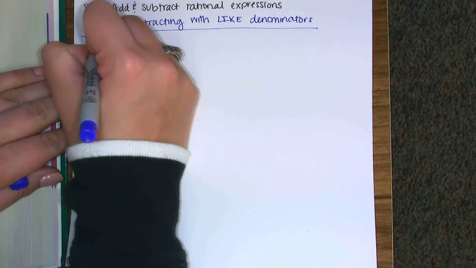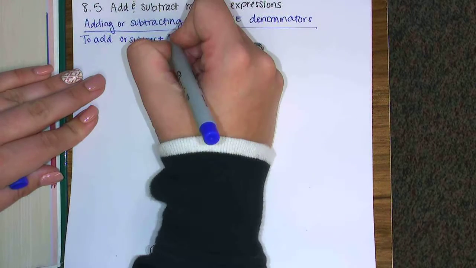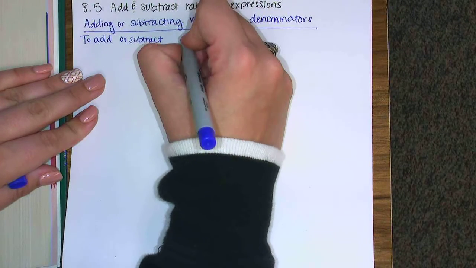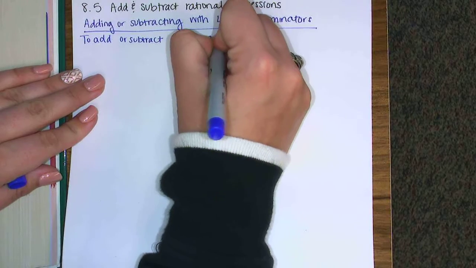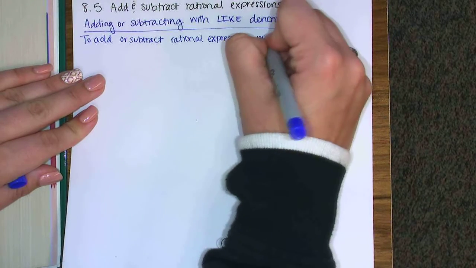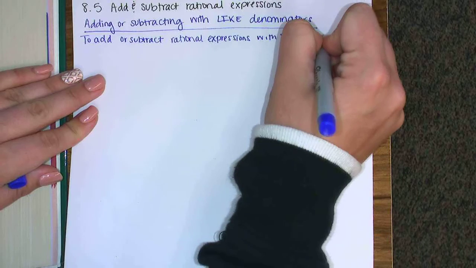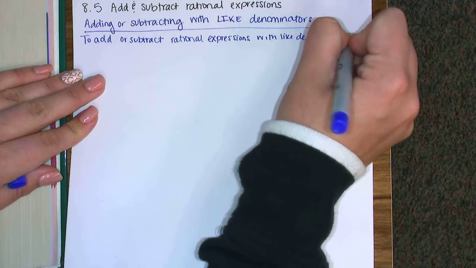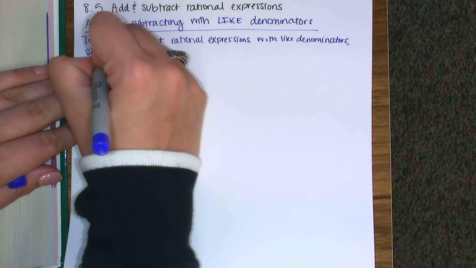And to add or subtract rational expressions with like denominators, simply add or subtract their numerators.